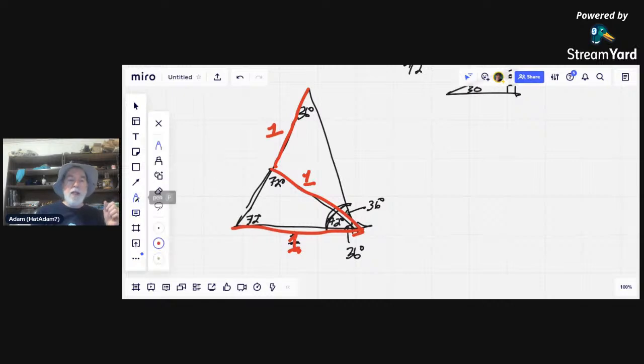What we're left with, and let's make that green, is this mystery amount, which is x. And this other side, we've got an isosceles triangle, so this is x plus 1.